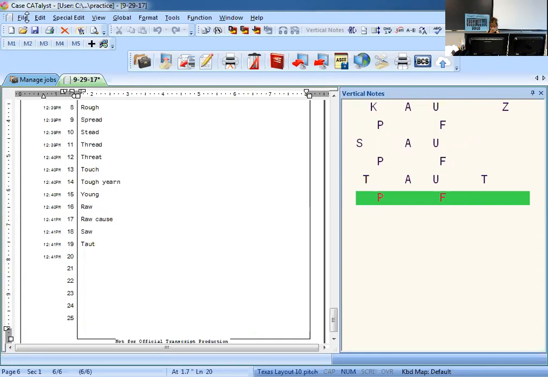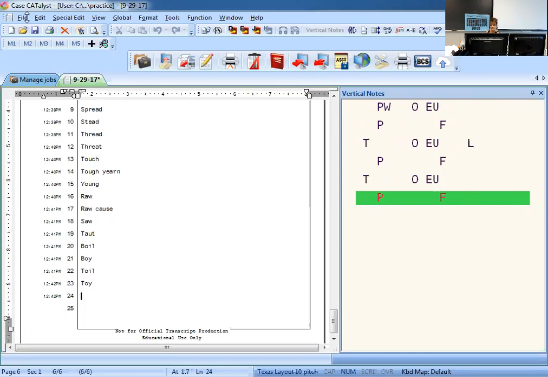So we've got oi is O-I, and then for O-Y words also, even though it's pronounced the same way. So we've got boil, B-O-I. Makes sense. You've got the O and then you've got the I with it. You've got boy, it's spelled in English with an O-Y, but it's the oi sound, so it's O-I. Toil, and then toy. This is the oi sound, okay?